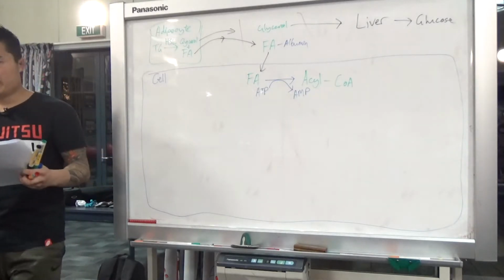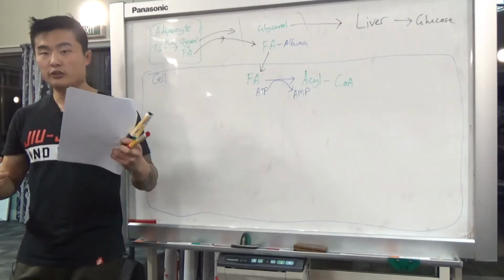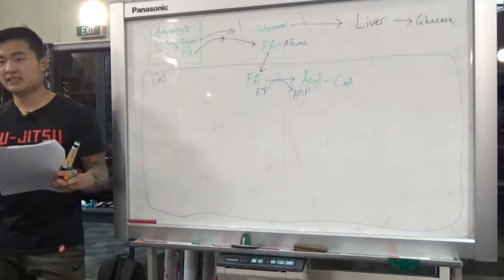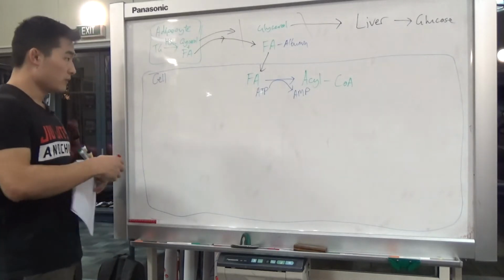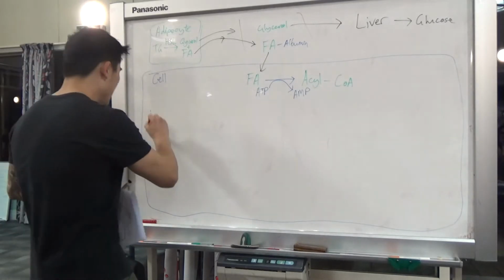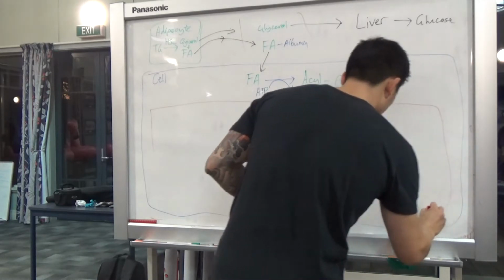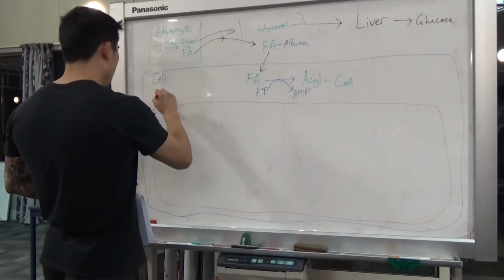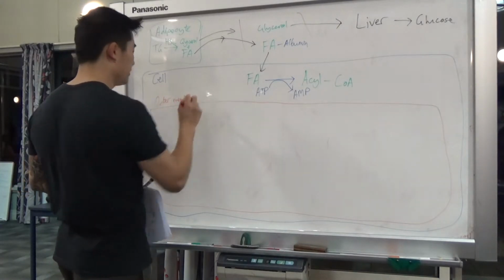The outer membrane is quite permeable and it can let quite a lot of stuff through, but the inner membrane is very, very selective and it's not going to let as much stuff through. So this is our outer membrane of the mitochondria.